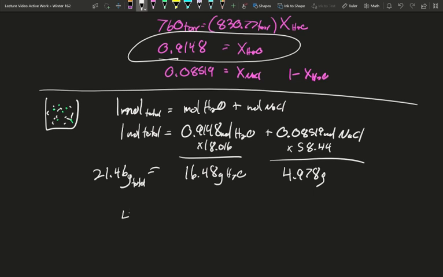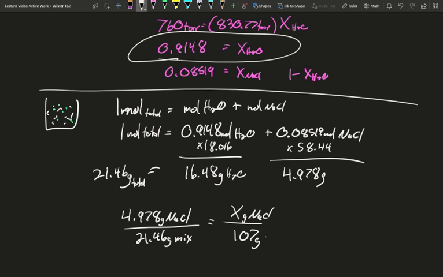We can say that, hey, for every 4.978 grams of sodium chloride, there'll be 21.46 grams of the mix. I could have twice as much on top, twice as much on bottom, 4 times as much on top, 4 times as much on bottom, or some amount on top for 107 grams on bottom. Why 107 grams?